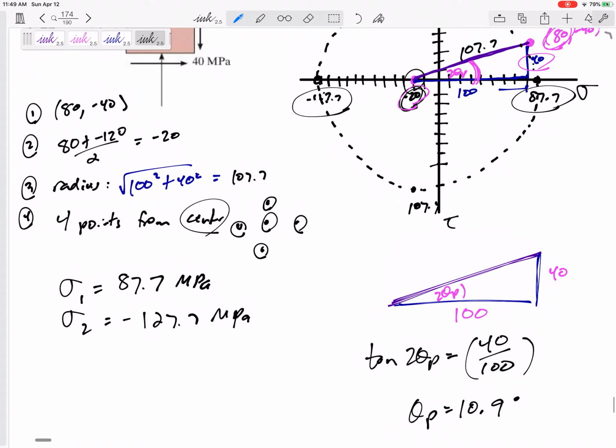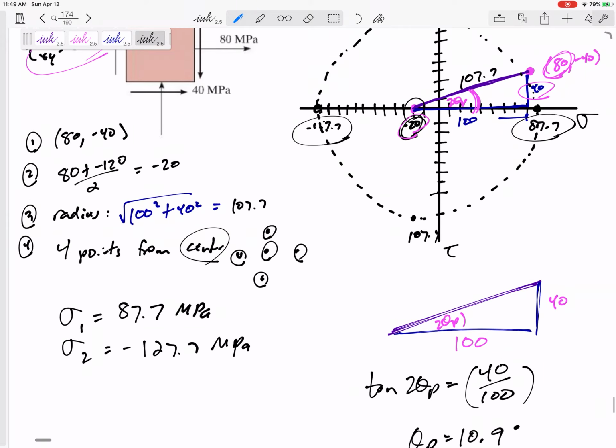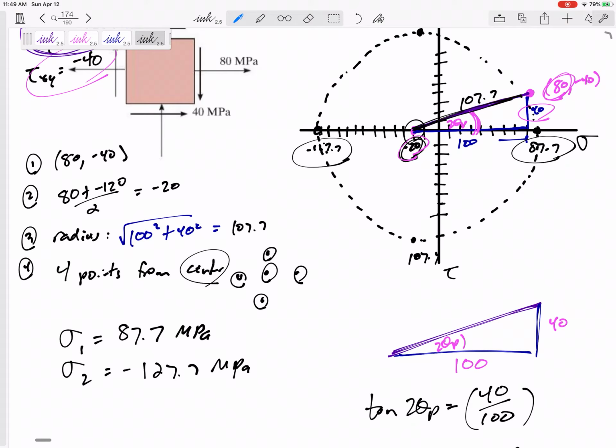positive or negative? My calculator's not going to give me the answer positive or negative. I started right here, and I went clockwise in order to get to the principal plane, in order to get to the principal stresses. See that?